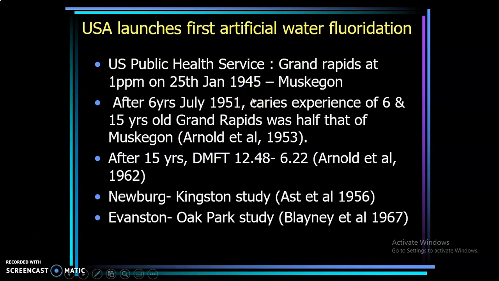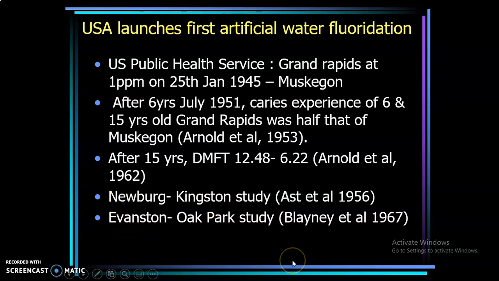The first artificially fluoridated water was at Grand Rapids, and that study is known as the Grand Rapids Muskegon study, in the year 1945. After 6 years, it was seen that the caries experience of children at Grand Rapids was more than 50% less compared to Muskegon, where fluoride was not added to drinking water. Similarly, you have other studies. Just know the names. The second study is the Newburgh-Kingston study.